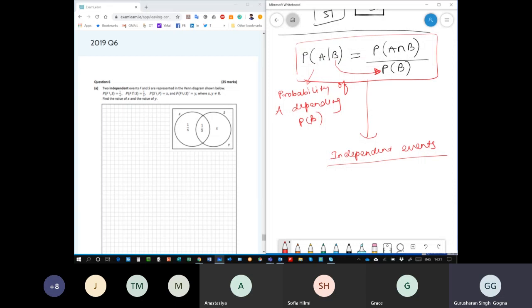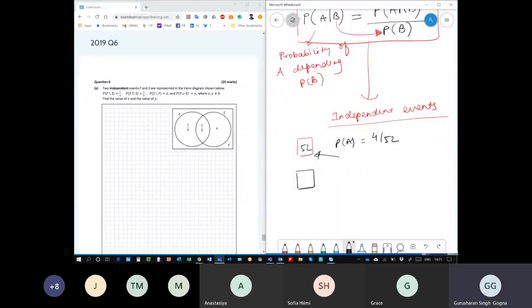So the occurrence of the second event is not depending on the first event, which means if I take the same example of 52 cards, I want to write down the probability of getting an ace, you will say 4/52, and then I am keeping this card back into the pack of cards. Okay, so which is called with replacement, sorry.